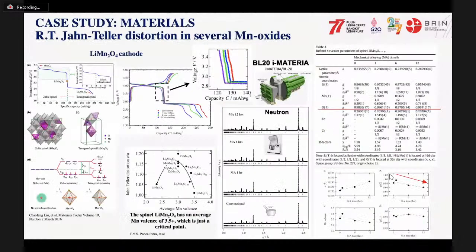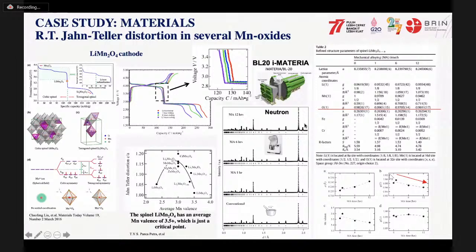And this is some work related to the LMO cathode material, which maybe some of you know is prone to changes in the oxidation states of manganese. It contains manganese 3 and manganese 4, and it is very sensitive and affected by the synthesis method.